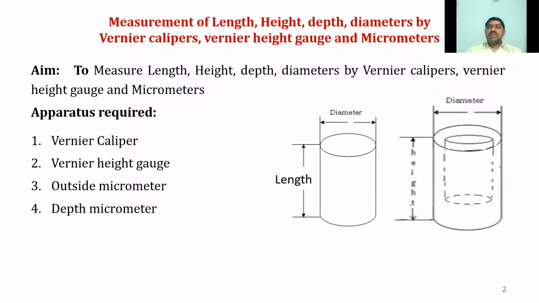We have also chosen a hollow cylindrical workpiece called a ring gauge. For this ring gauge, we are going to measure the inside diameter and the depth of the hollow cylindrical ring gauge, and also the height of the ring gauge.